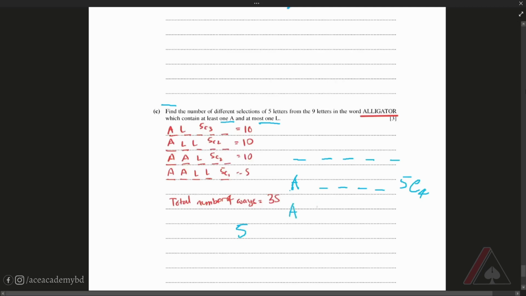We could have one A and another A. We could have both the A's here and 3 openings. So 5C3, because there are 5 other letters excluding the A's and L's. We could have one A and one L and 3 other openings. 5C3 again, because there's 3 openings. Or we could have 2 A's and 1 L and 2 other openings.